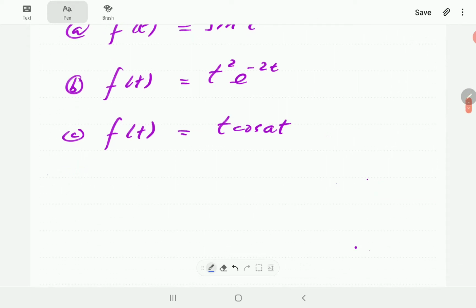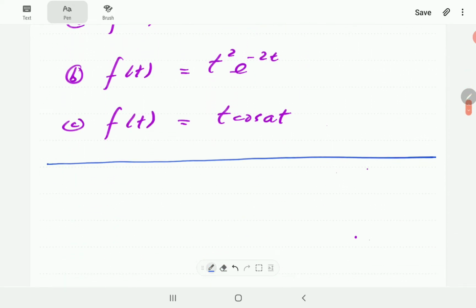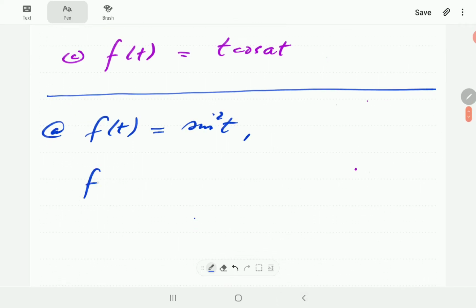So this one we are going to work out using this property here, the Laplace transform of a derivative. So what we are going to do is we are going to first differentiate this. So the derivative of sine squared t is going to be 2 sine t cos t.